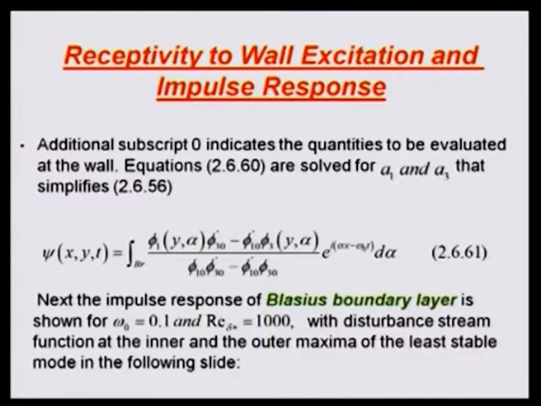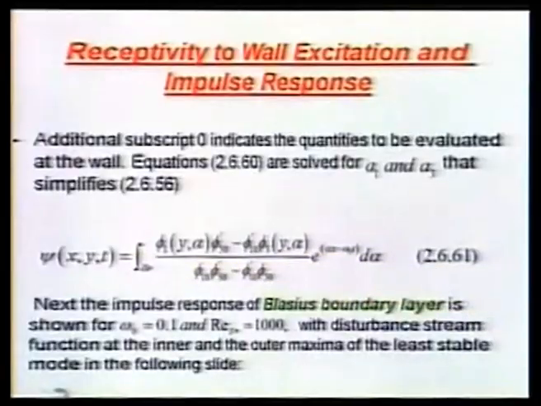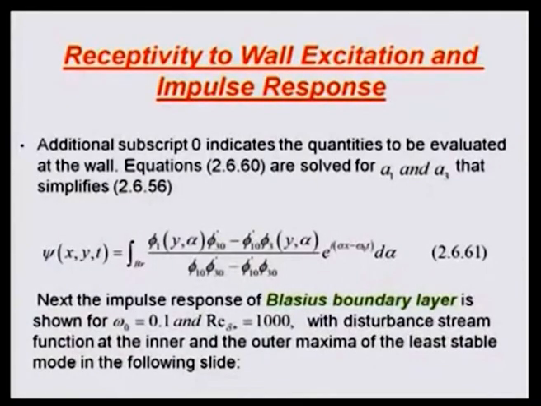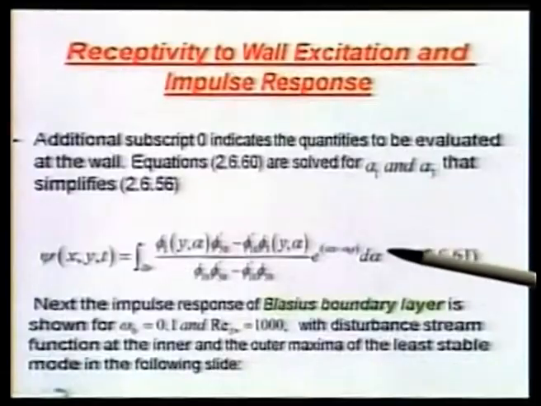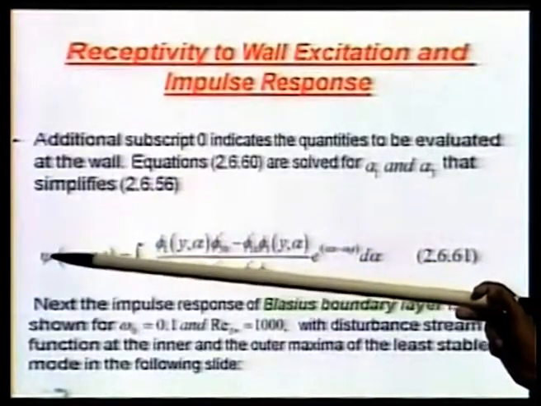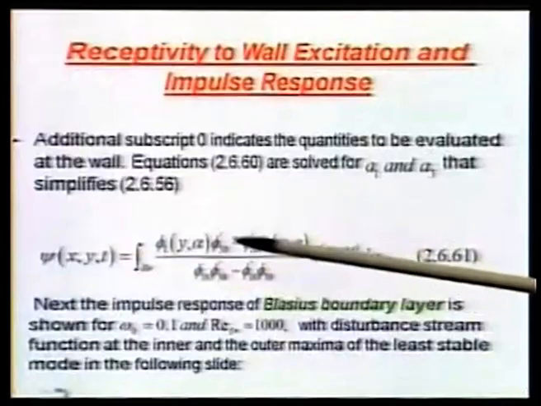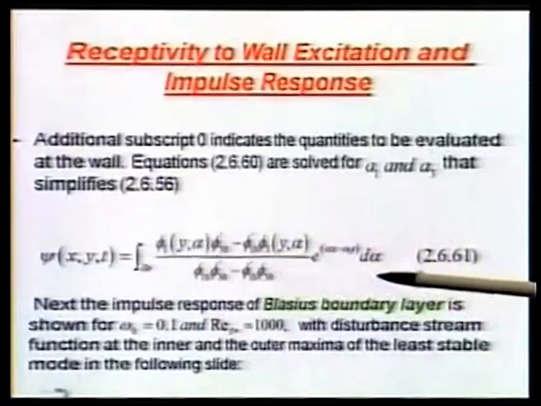Now, what have we done here? Instead of writing v, I have written it in terms of psi. It is the same thing. You can see the one-to-one correspondence between the v velocity and the psi component, because if I take psi like this, v will be what? d psi by dx. So, that will be simply I alpha multiplying this phi.